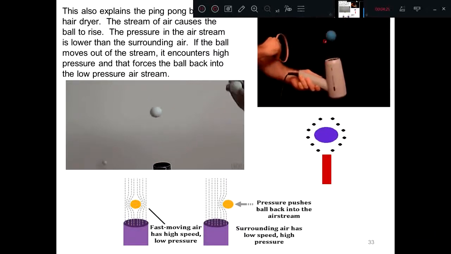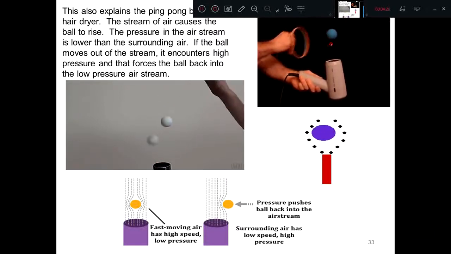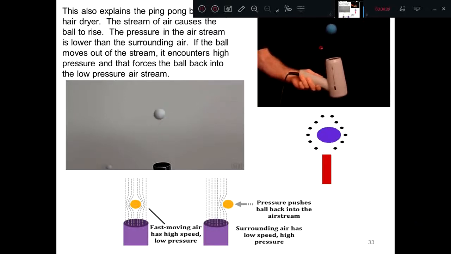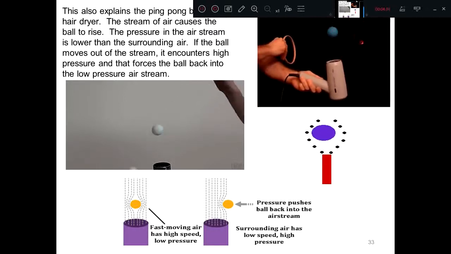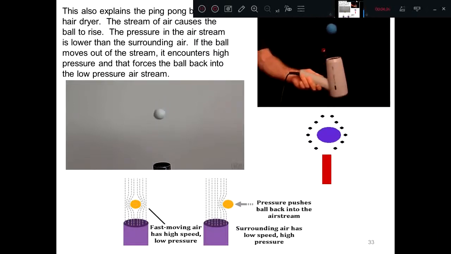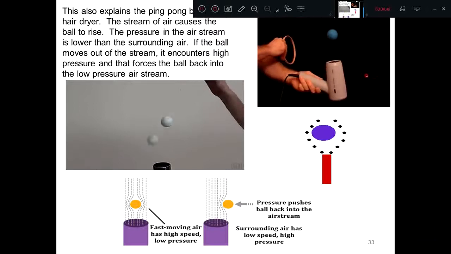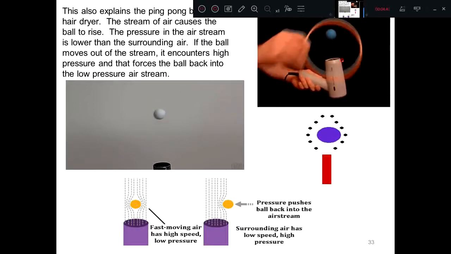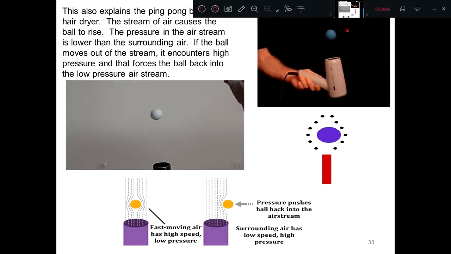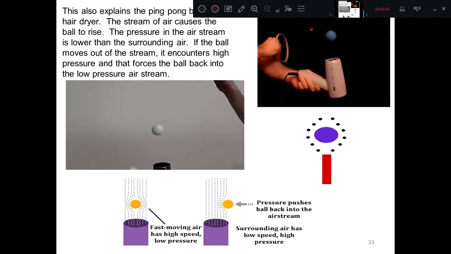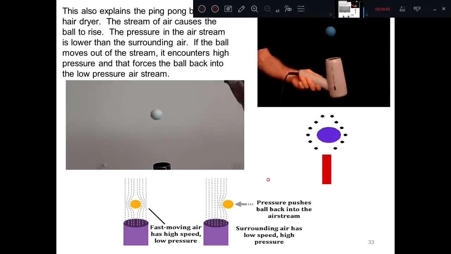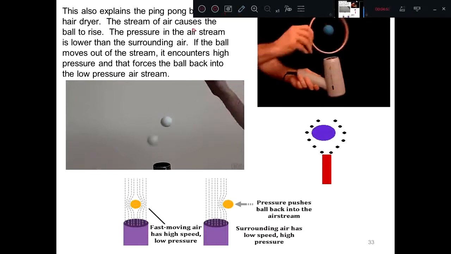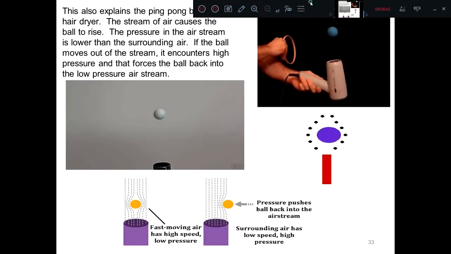It has risen to a particular height and it is moving left and right all around, but it is not falling down at all. The reason is, whenever it moves on one side, the velocity of the air or the water on the other side will be more, then the pressure there is less, so it is automatically pushed back.